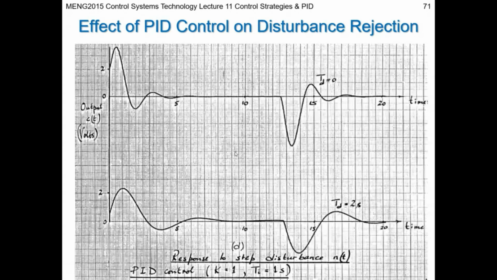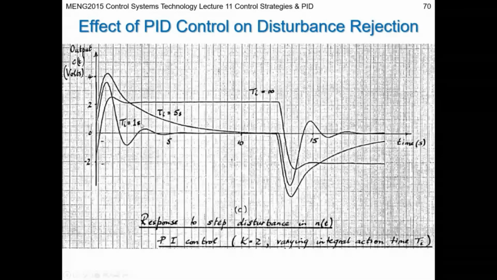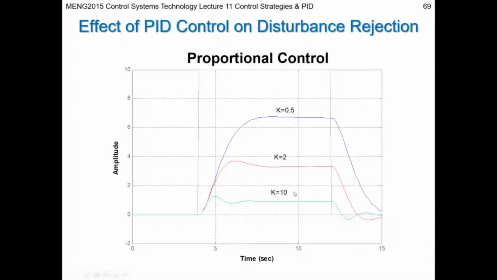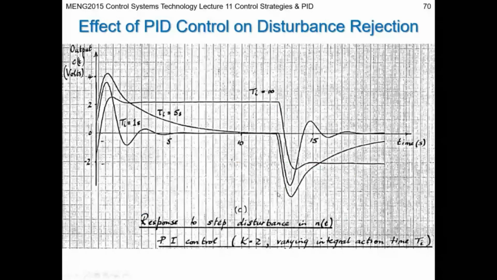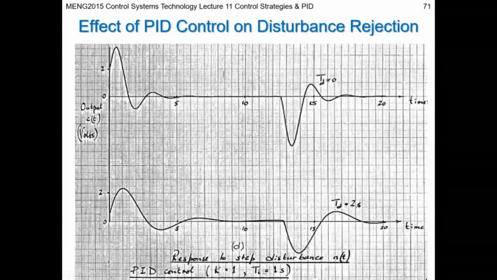So let's go to the next graphic. This one, we're using a baseline of K equals 1 and Ti equals 1 second. So we're using this 1 second, but we've actually reduced our Kp down to 1 from 2. But now we're implementing derivative control.